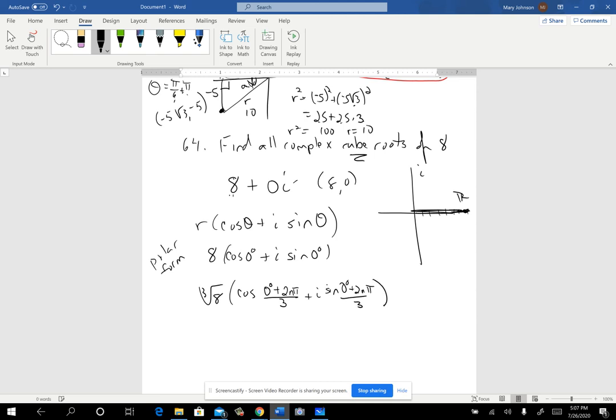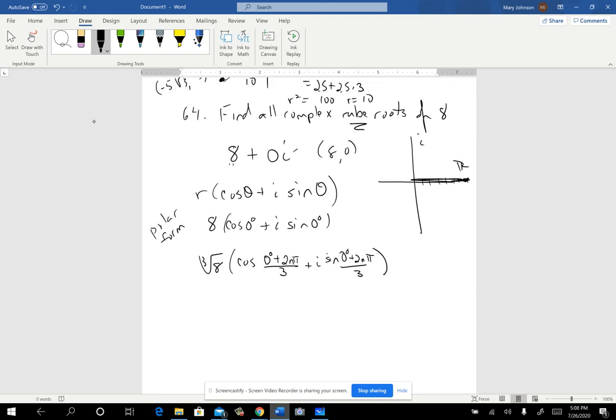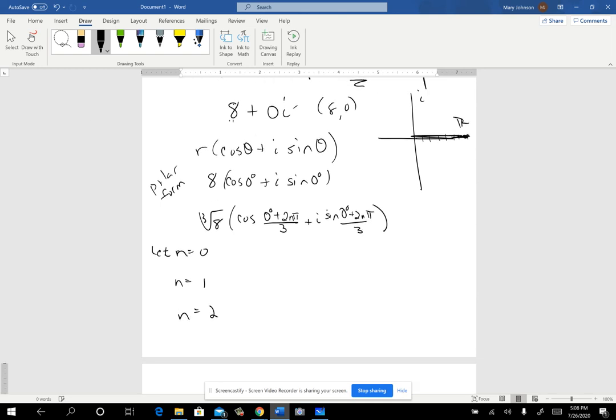Okay, so that's kind of the formula, and then you let n equal 0, n equal 1, and n equal 2, so that you get all 3 of them.